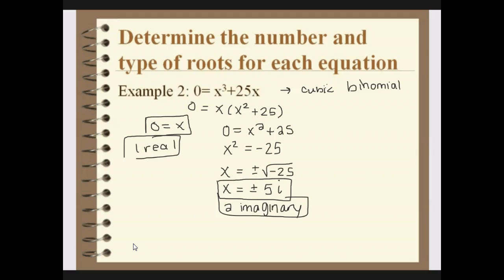So that means if you were to graph this, the graph would go through 0, 0. It's a positive cubic, so that means it starts low and goes high. And somewhere in there, we also have another set of bumps to represent that plus or minus 5i.